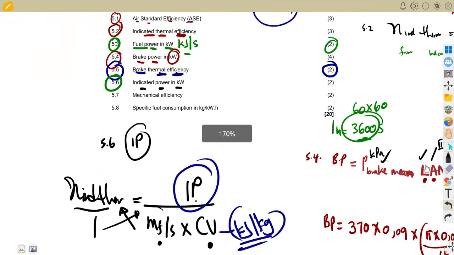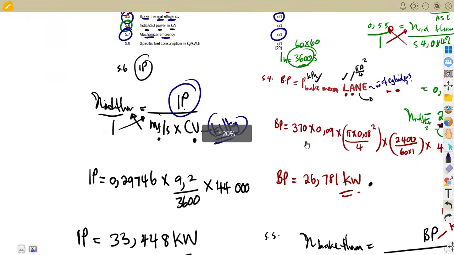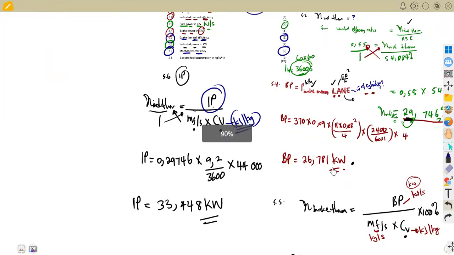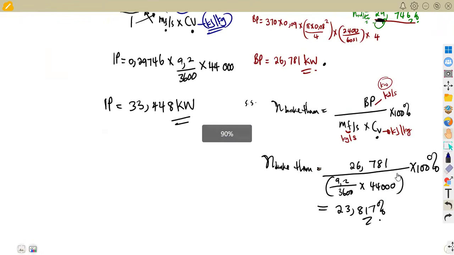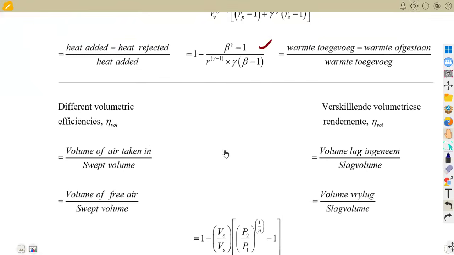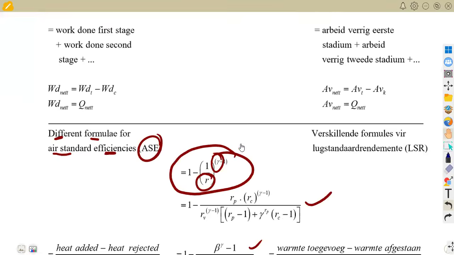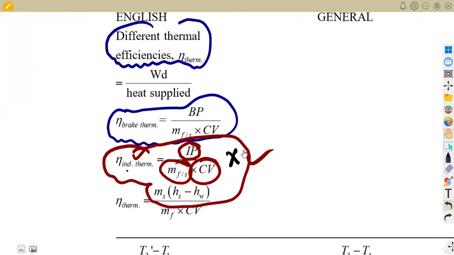My guys, there's too much information here. The mechanical efficiency, 5.2. We have the brake power, and we now have the indicated power, so you can calculate the mechanical efficiency. What is the formula? Maybe you might say, where's the formula from the formula sheet? There is a formula for the efficiencies.